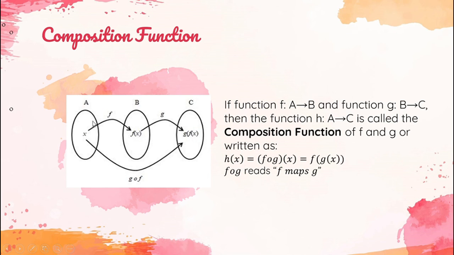You can say that function f is from A to B, function g is from B to C, so the function h is from A to C. We can call this composition function.